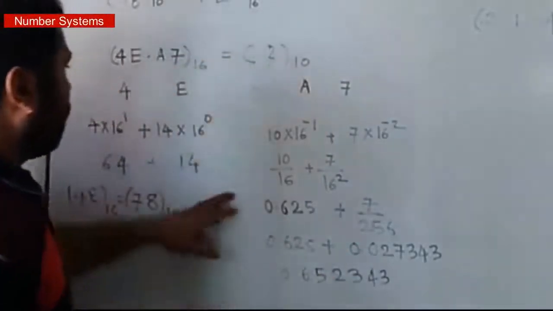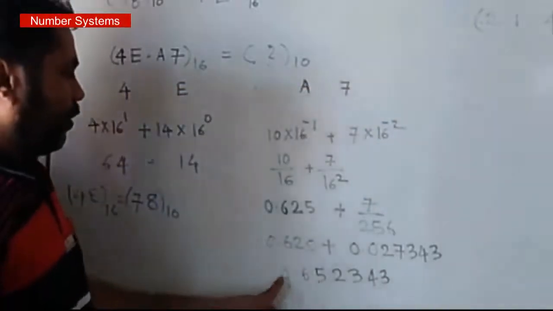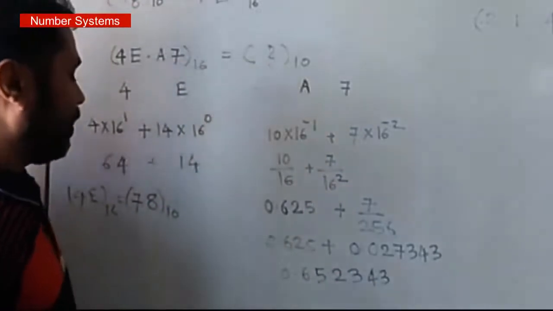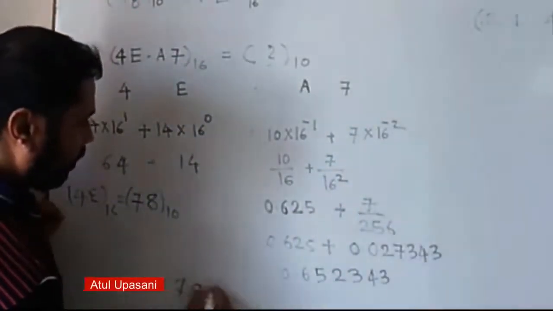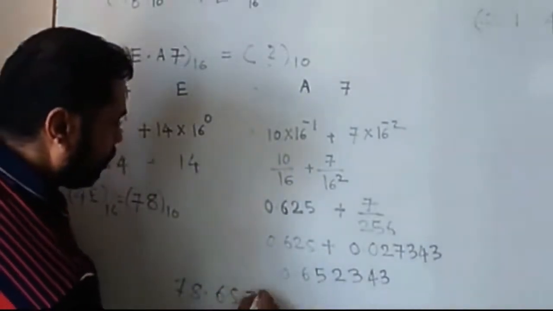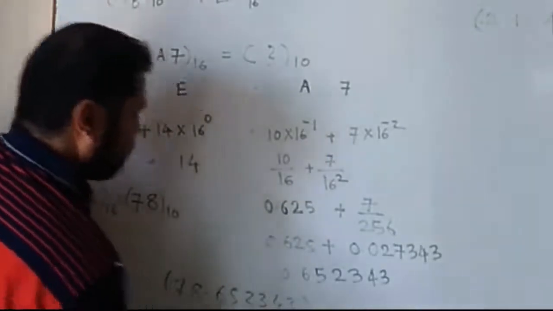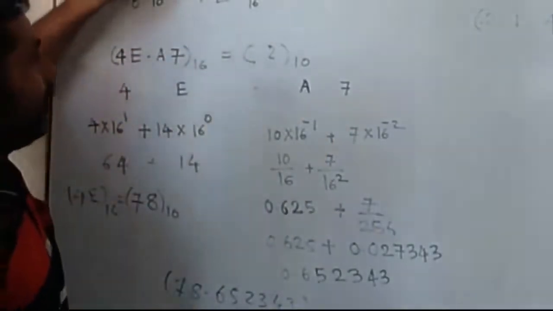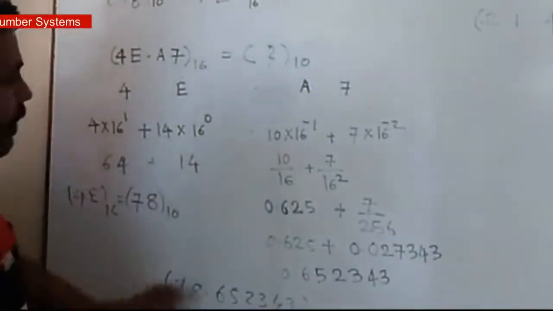So in this way, .A7 in hexadecimal is found to be 0.652343 in decimal. So here the complete answer will be 78.652343. So this is how we can convert decimal numbers into hexadecimal and hexadecimal numbers into decimal.